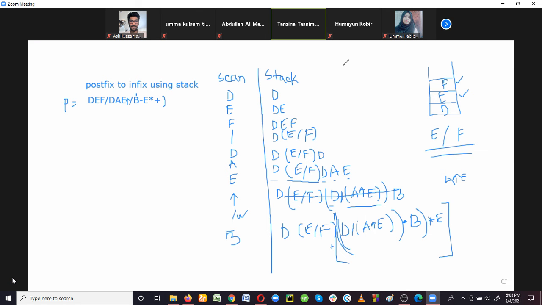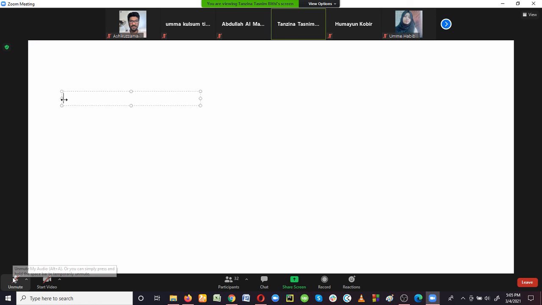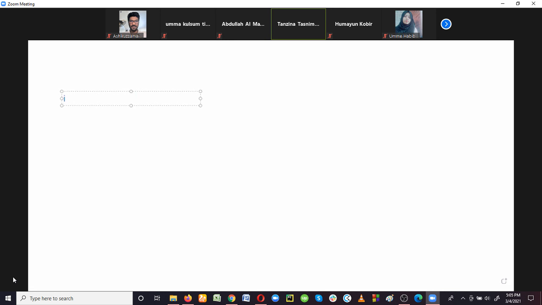Okay, let me just explain the whole process again. When we have an expression, we have to scan it, right? And after scanning the expression, we can store the operands and operators where?